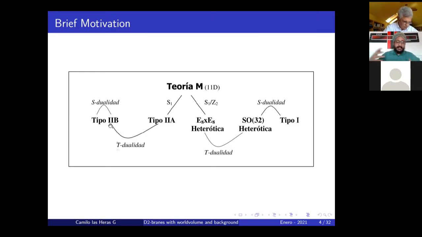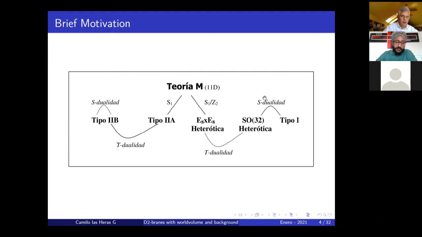This fact allowed the community to think that they are different limits of a single theory in 11 dimensions, known as M theory.